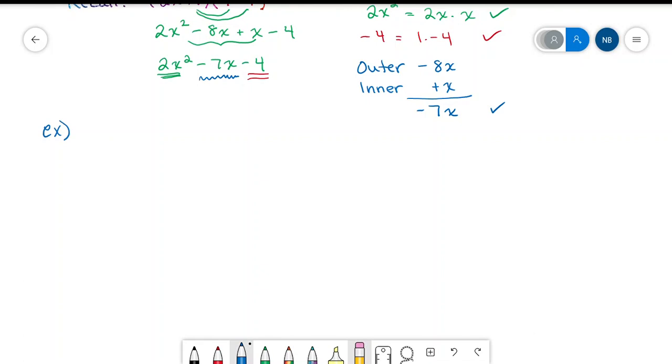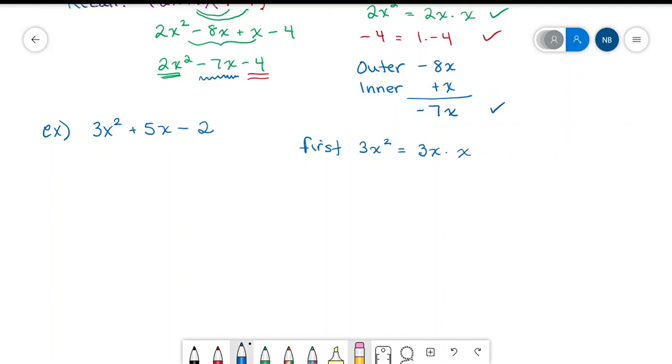All right, so we're going to factor 3x squared plus 5x minus 2. Notice that our first term is 3x squared, which is easily factored into 3x times x.